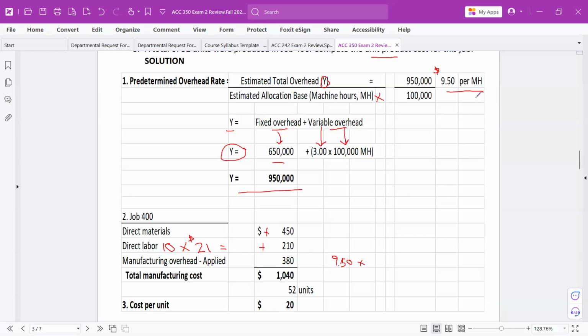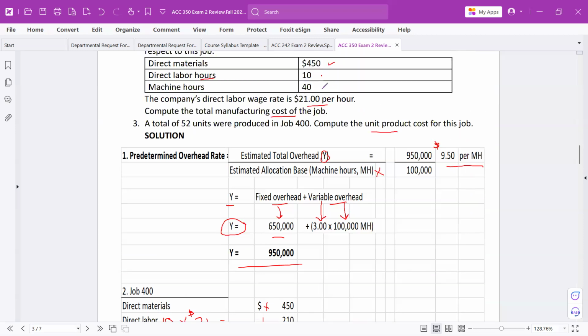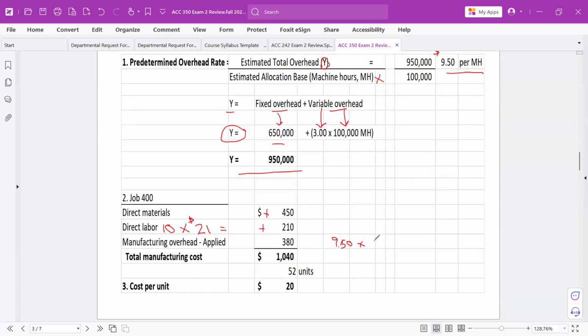And it's $9.50 per machine hour. And we've got 40 machine hours. So we want to multiply $9.50 times 40 machine hours. Well, that's where the 380 comes from.